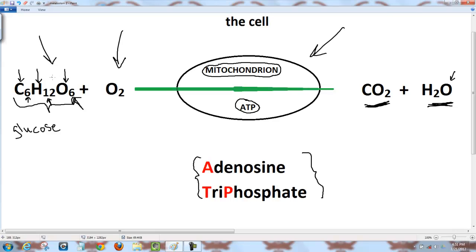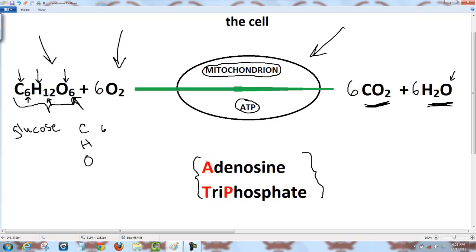This is called a molecule. One glucose molecule and 6 oxygen molecules go in, and what comes out are 6 CO2s and 6 H2Os. And if we count the molecules, we'll have C and H and O. We have C6, 1 carbon molecule with 6 atoms, so there's 6 there.